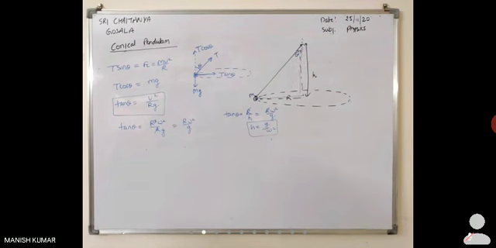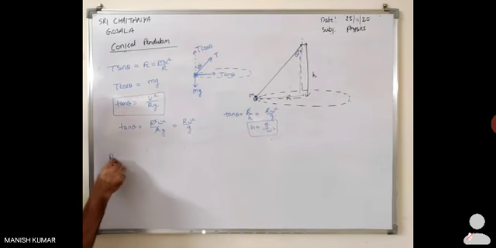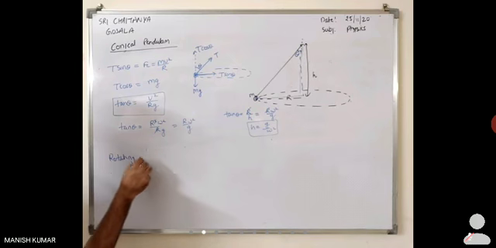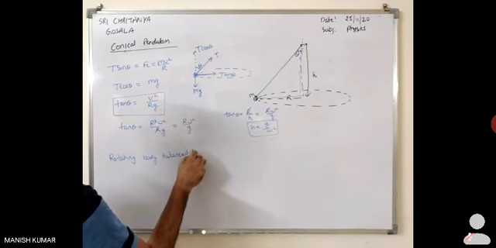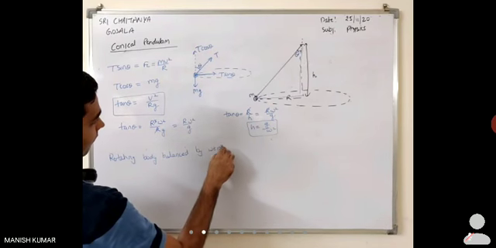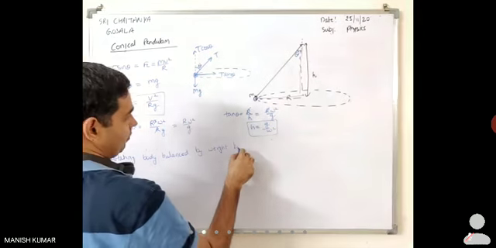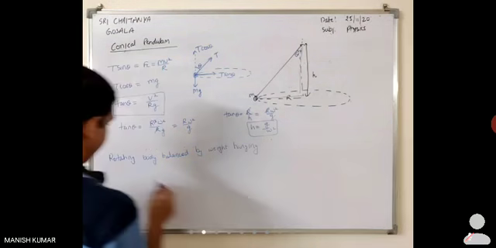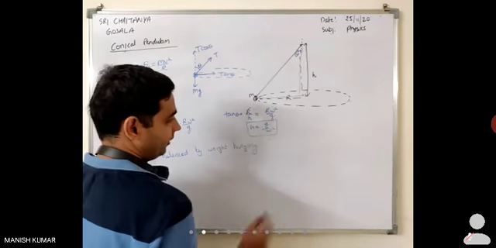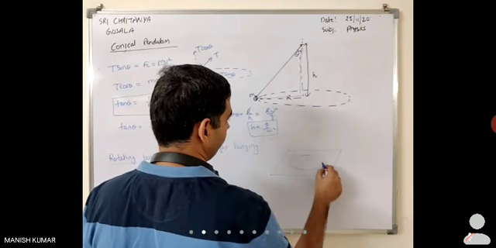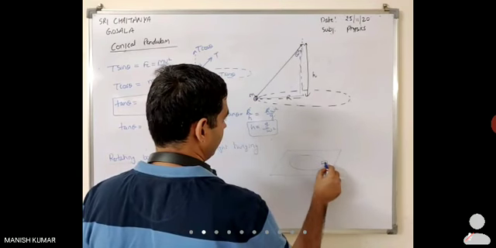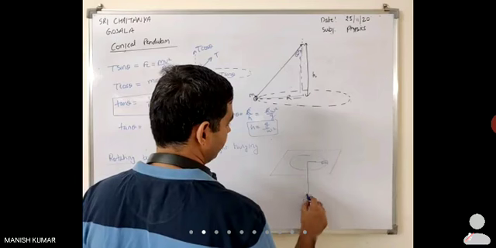One more case: rotating body balanced by a hanging weight. Let's say there is a body rotating on a table, connected by a string which passes through the center.